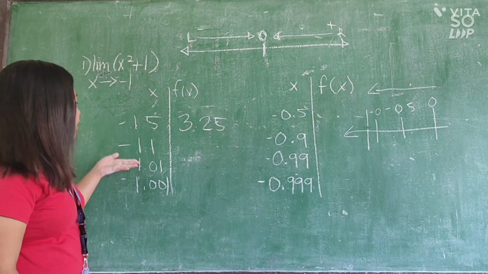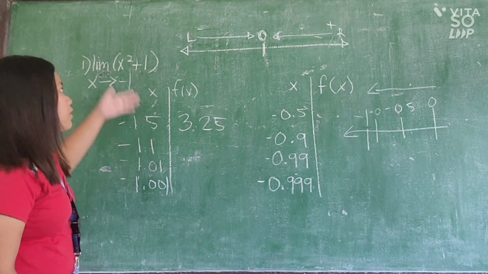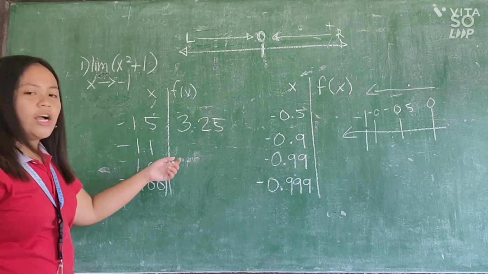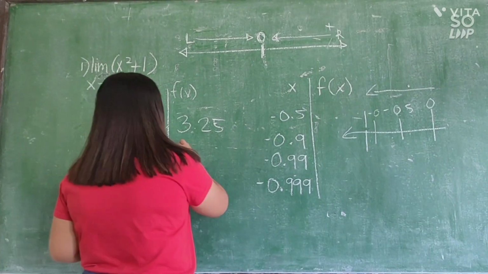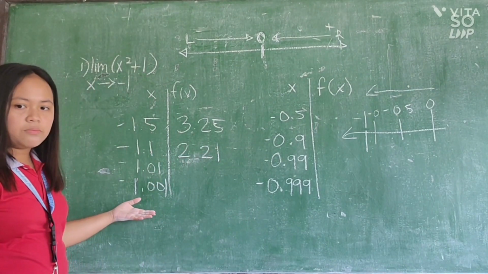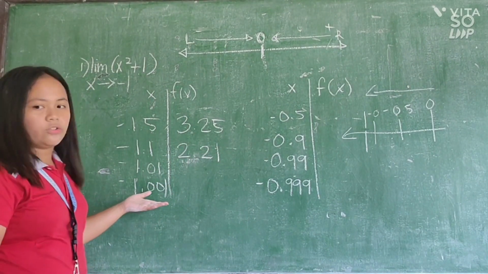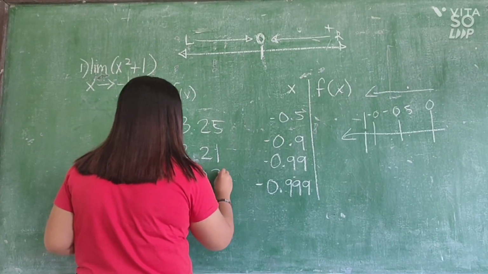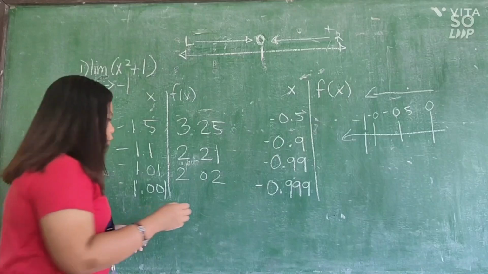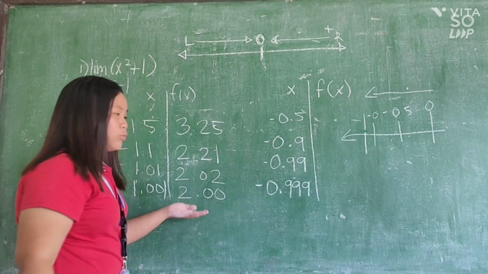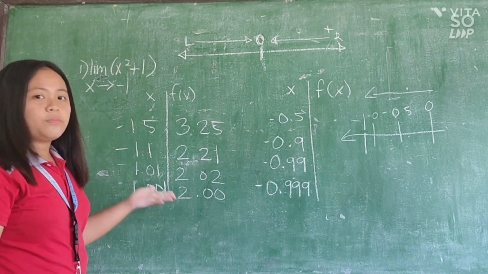Next is negative 1.1, and our answer will be 2.21. We get these using a calculator. Our next is 2.02, and our last is 2.00. We check only up to 2 decimal places.